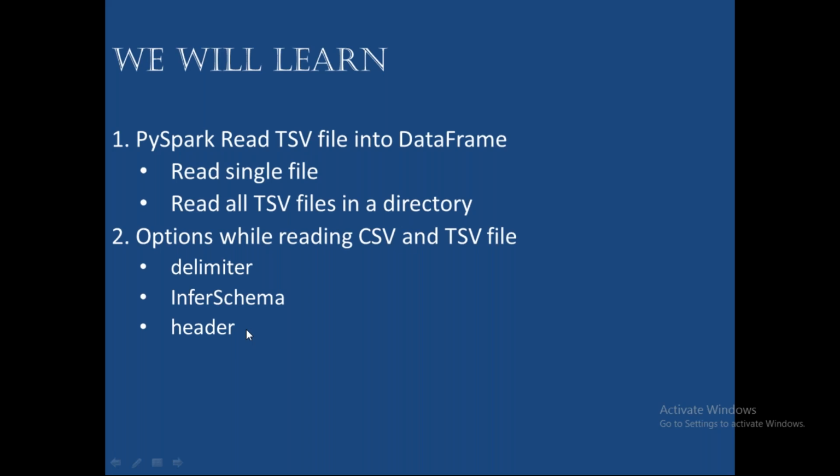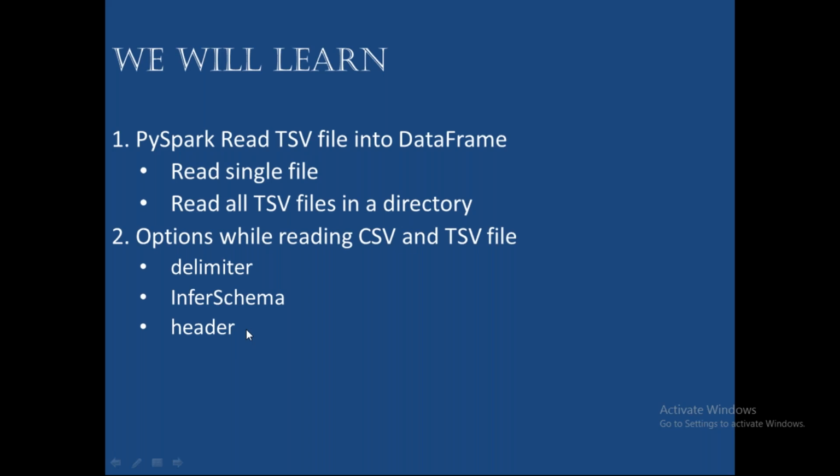Next, InferSchema equal to true. Yesterday we saw this is inefficient. You should not use InferSchema equal to true. What happens if you use it is that it is going to read the data once again to understand the data type of each column. If it reads the entire data once again, it will take more time for processing.